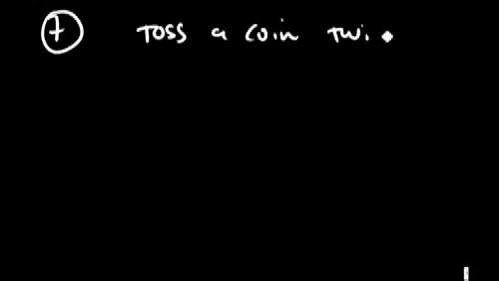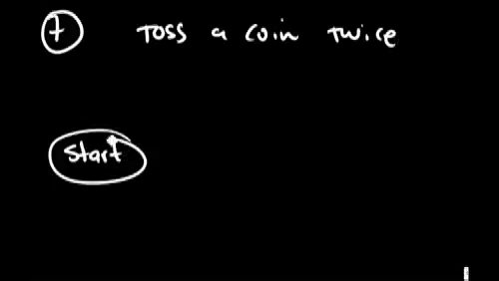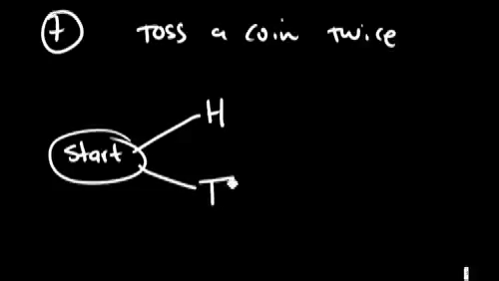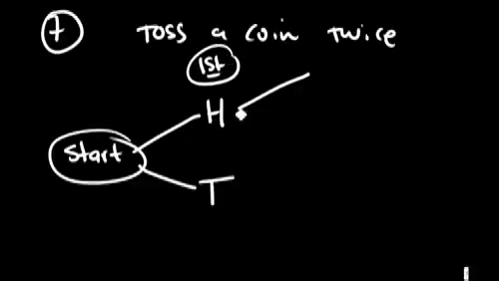Question 7. You're going to toss a coin twice. We have to determine the sample space associated with tossing a coin twice. We're going to draw a tree diagram. In the first toss, you have 2 possible outcomes, either a heads or a tails. Now, if the first toss was a heads, on the second toss, you have again either a heads or a tails.